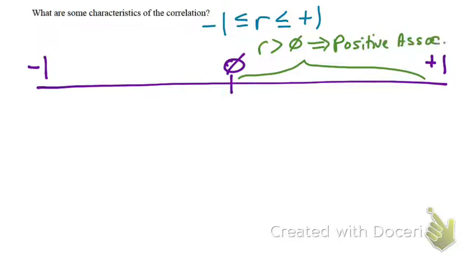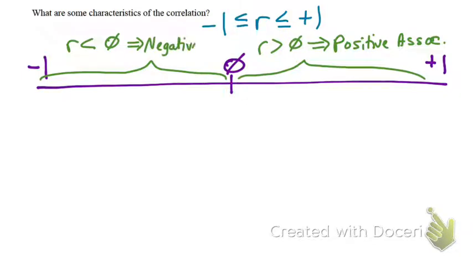That's pretty commonsensical, if you will. If r is less than 0, what do you have? A negative association. Very good. That's pretty common. Most people can figure that out.